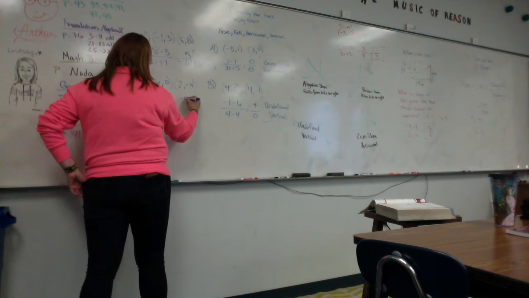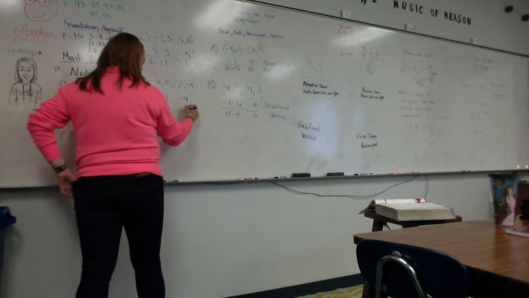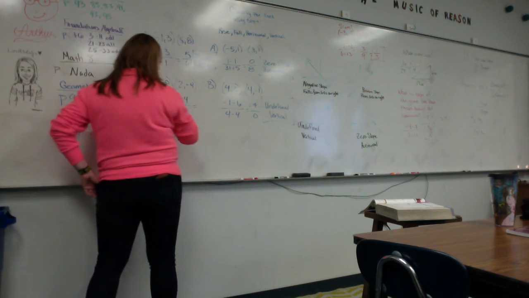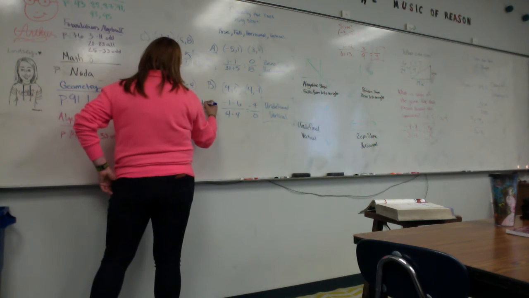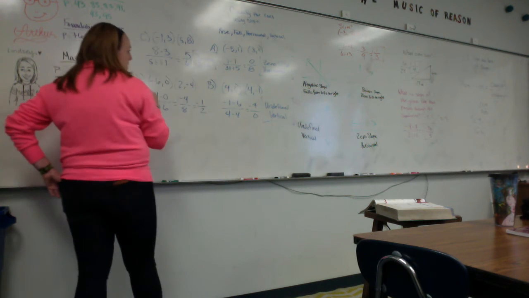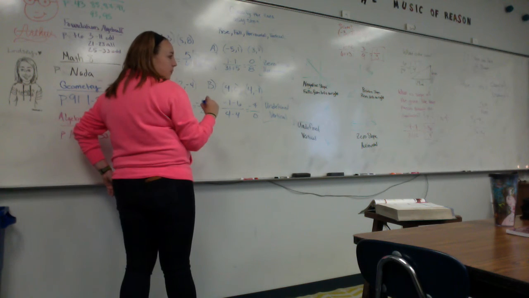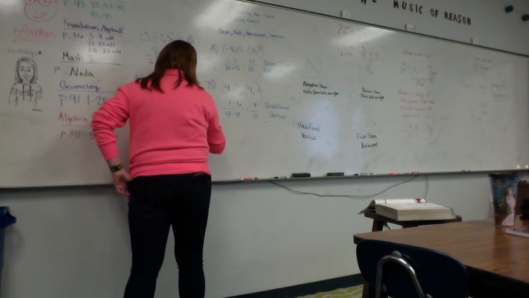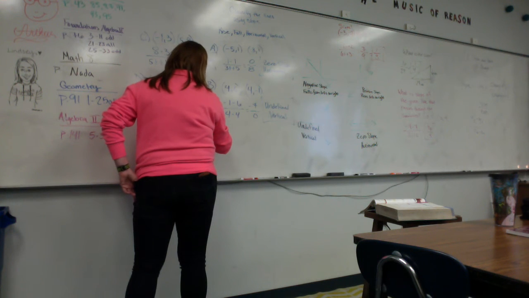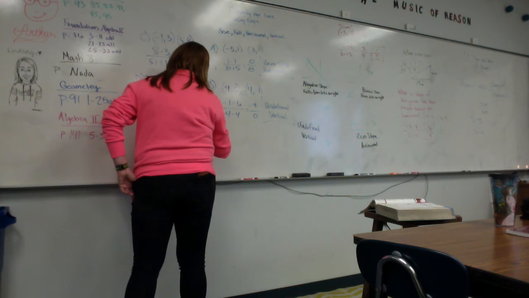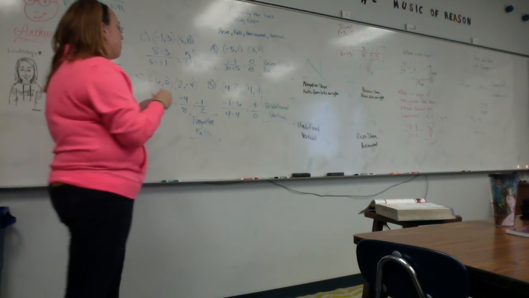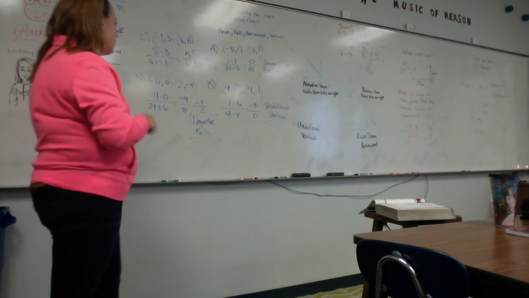So up top I get -4, on bottom I get 8, which reduces to -1/2, and that is what type of slope? It falls, so it's negative. Okay, negative and falls. We've got to be used to slopes so that we can graph things correctly.